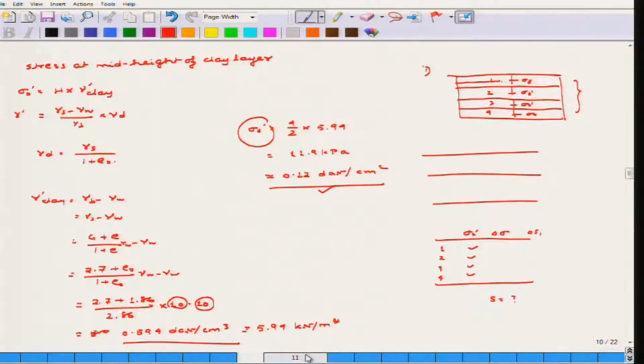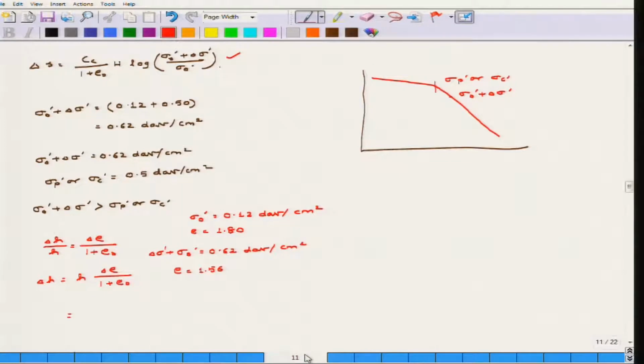All these calculations I am neglecting here, but as I have said previously, you can just do the linear interpolation, it is very easy, between the stress values to find the value of e. So e is equal to 1.56. Now just put in the values. Delta e has changed from 1.80 to 1.56.